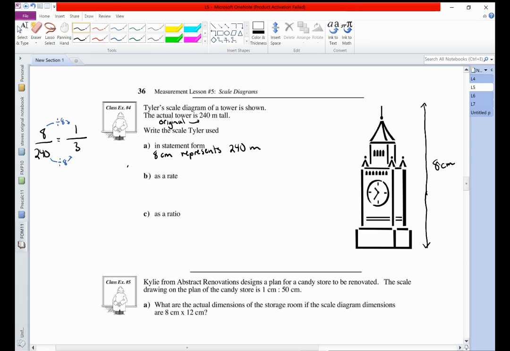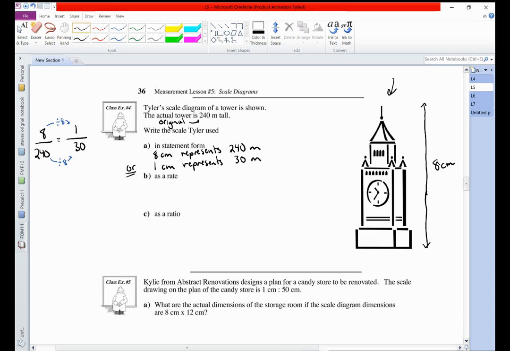So that means that 1 centimeter represents 30 meters. So according to our scale, if this is an actual scale diagram, 1 centimeter represents 30 meters in real life.